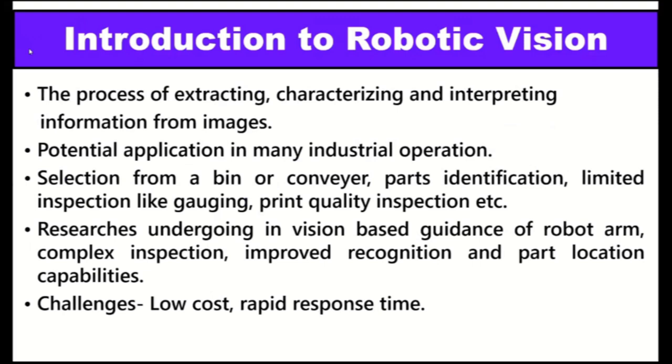Now, what is robotic vision? Robotic vision is a process of extracting or finding visual information from images. Obviously, cameras and other advanced devices will be there. Today, this is a very important industrial operation.